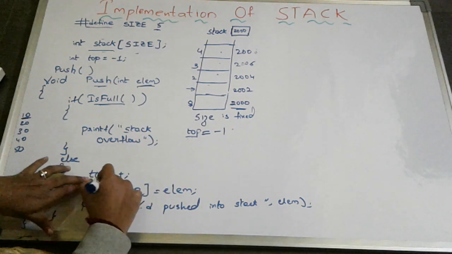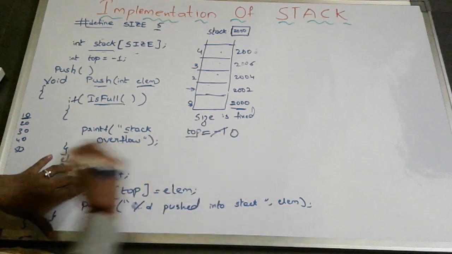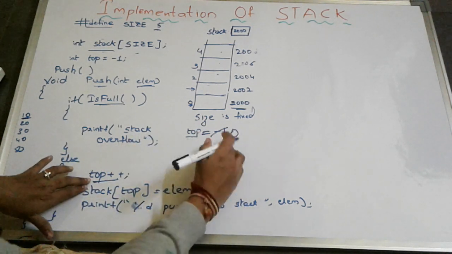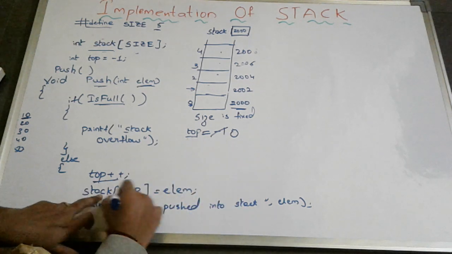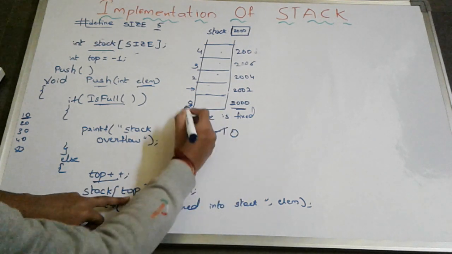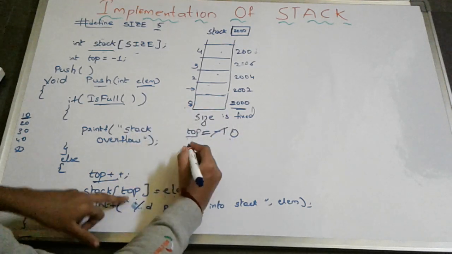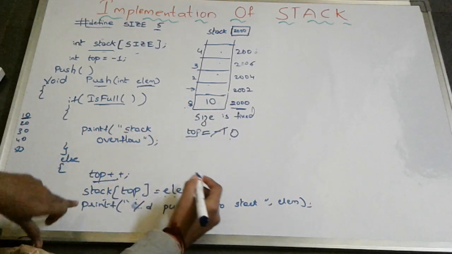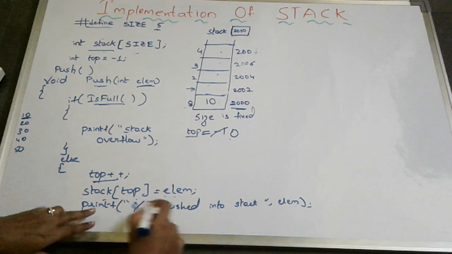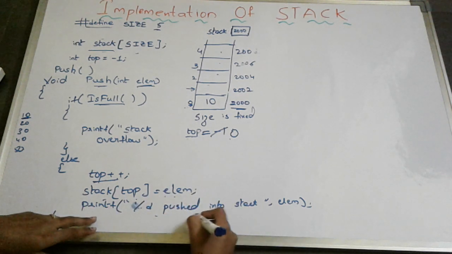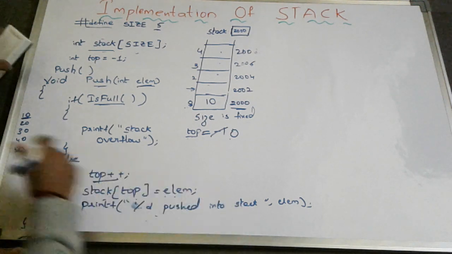Here top plus plus will increment it to 0, so top is now 0. Stack of top equals element. What is top? Top is 0, so stack of 0 is the element. So we inserted the element 10. Now we will print the statement that 10 is pushed into the stack.